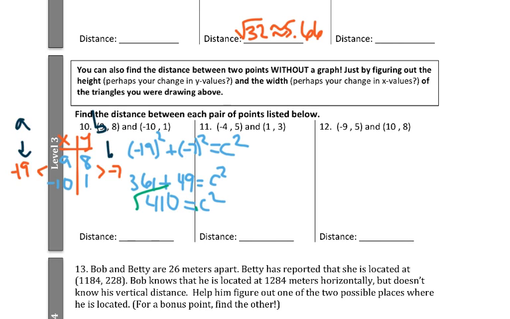And I'm going to take the square root of both sides. And so my exact value is the square root of 410. My approximate value, square root of 410, it looks like that would be a distance of about 20.25 units away. Okay, so that was help on question 10.